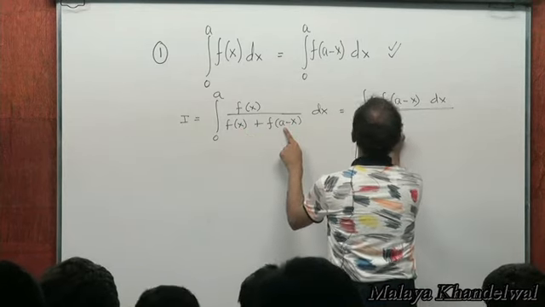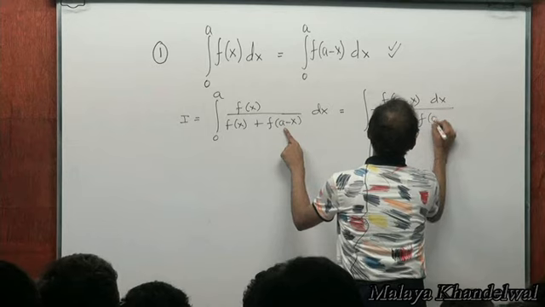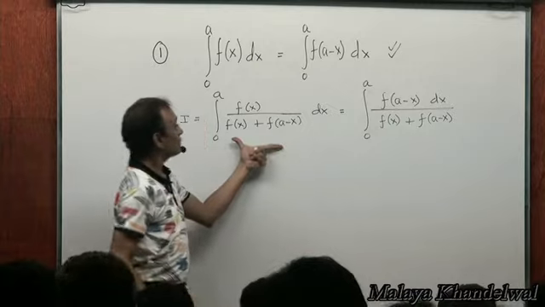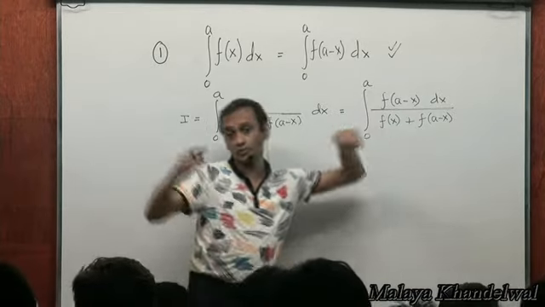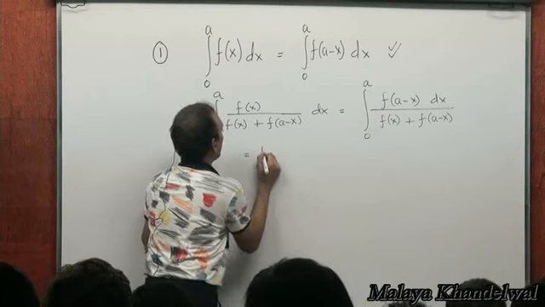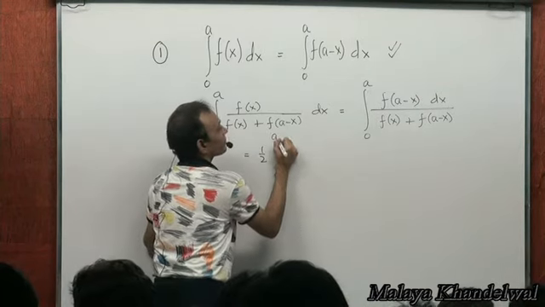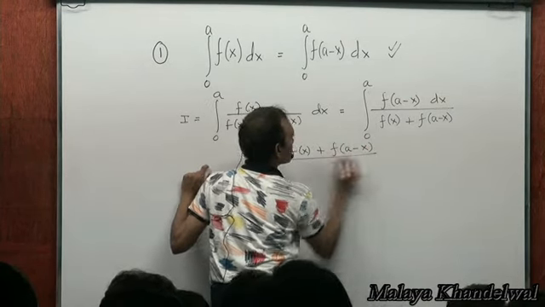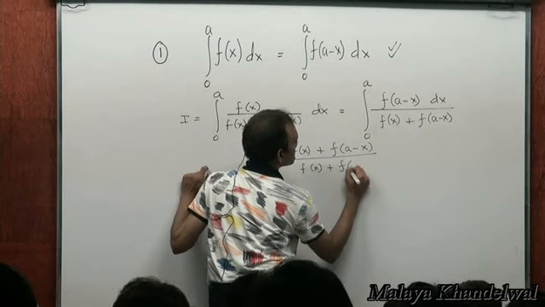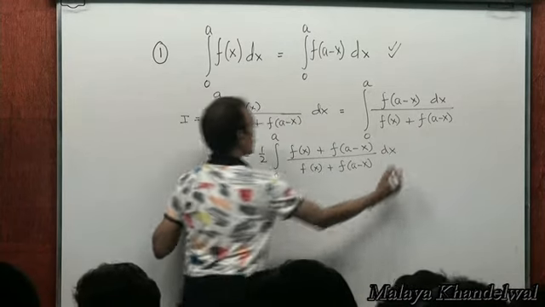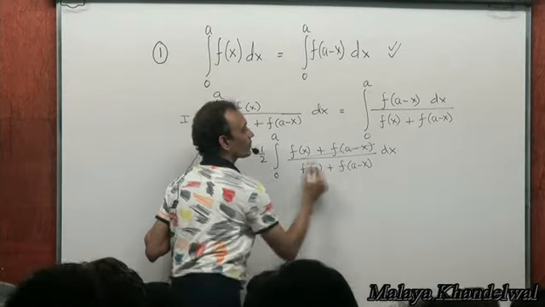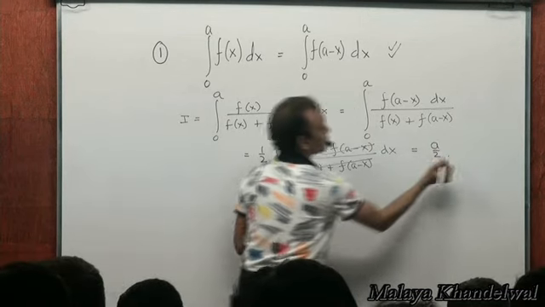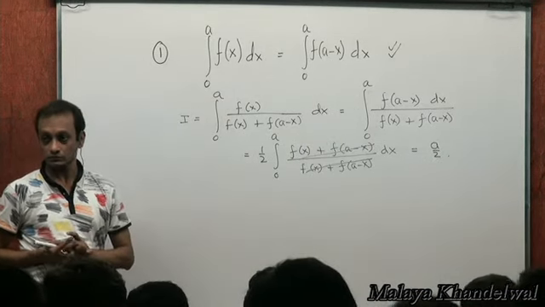So f(x) plus f(a minus x), from 0 to a. Now if a equals b, then each will be half their sum. So each will be half of 0 to a (f(x) plus f(a minus x)) divided by (f(x) plus f(a minus x)) dx. This will be a, so a by 2. Got it?